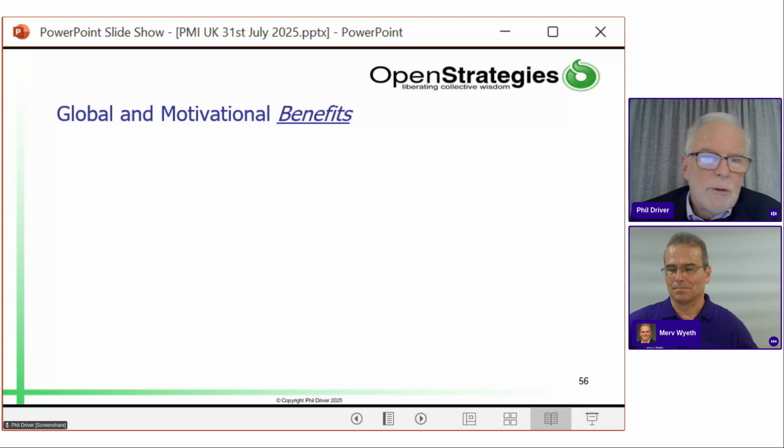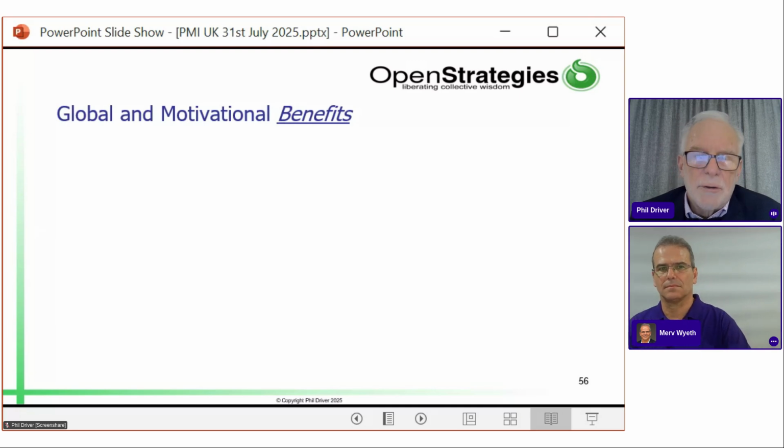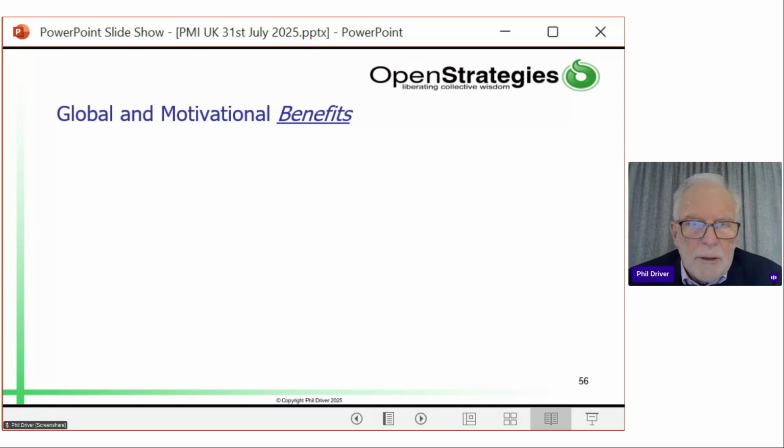I'll go into this concept, if you're okay, of global and motivational benefits, because I'm very aware that project management and the Institute in particular are very keen on benefits realization. Benefits are essential. And what I'm talking about is looking at the extent to which project managers can influence or realize or deliver benefits.